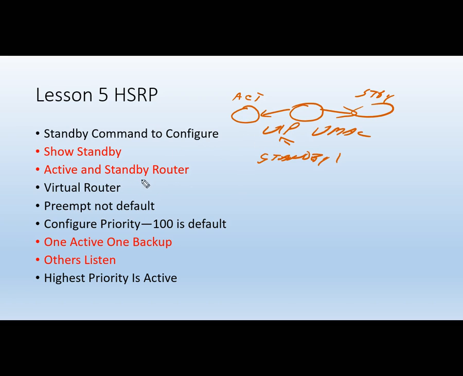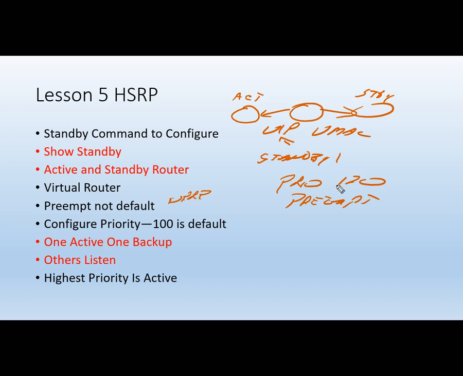And then the virtual router, which we talked about here. Preempt is not a default in HSRP. It is in VRRP, but not HSRP. We have to configure it. For the priority, 100 is the default. If we want to force one of these routers to be the active router, in the standby command we can assign a priority of maybe 120, and then we do a standby again and give it the preempt command.